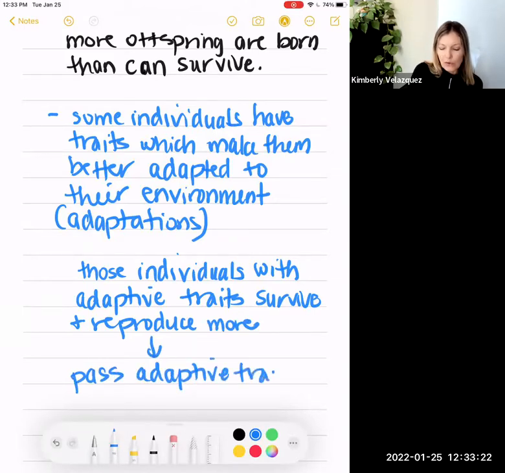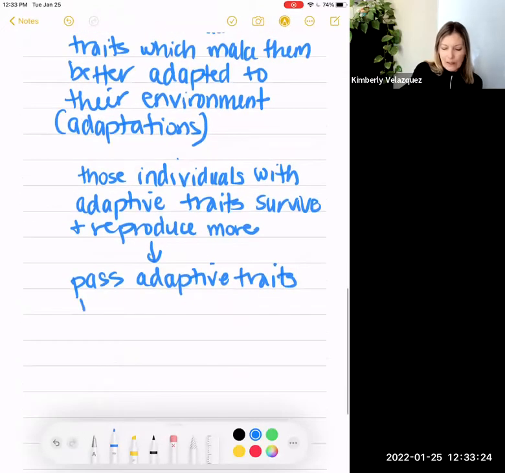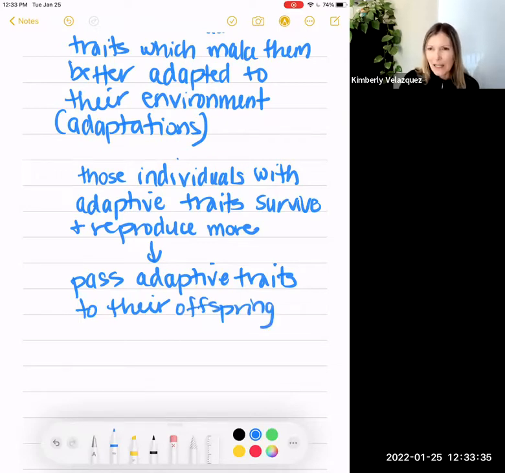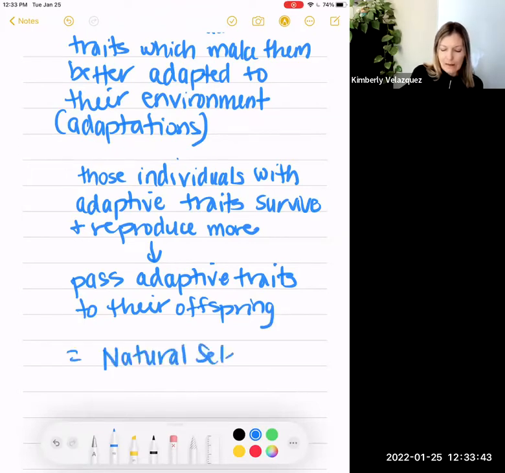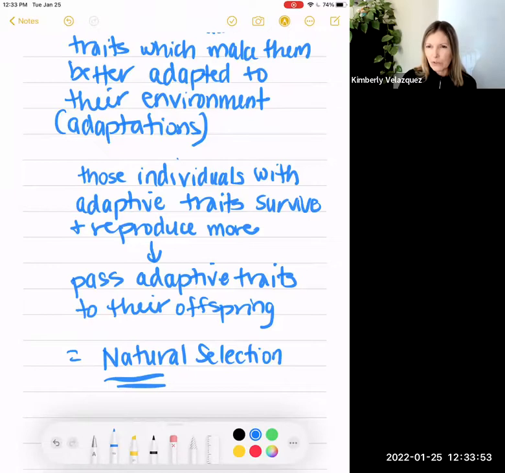So we would guess that over time, the population is going to have more of those individuals with the adaptive traits. That is natural selection. The environment or nature is selecting which traits offer a survival advantage, and therefore those individuals survive and reproduce more, and over time more individuals within the population have those adaptive traits.